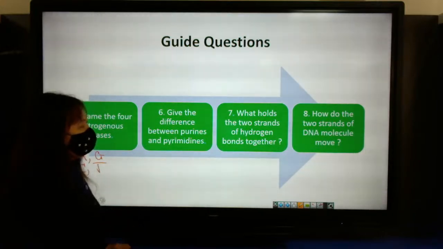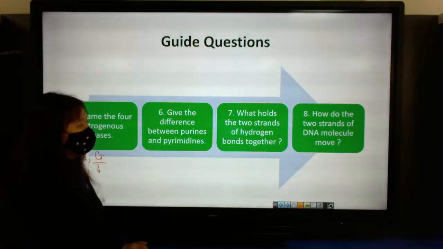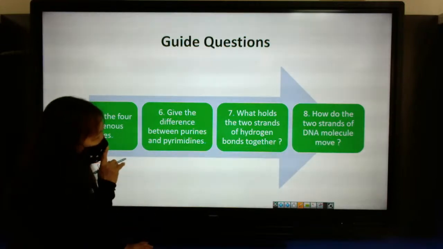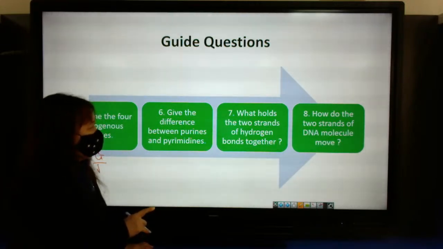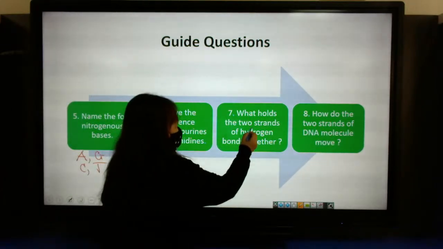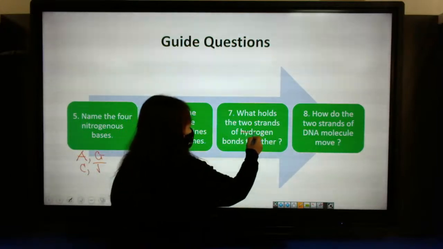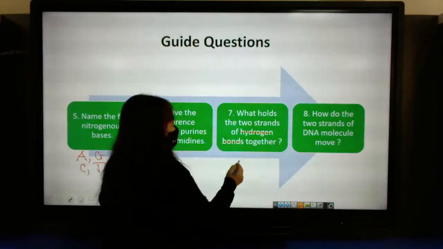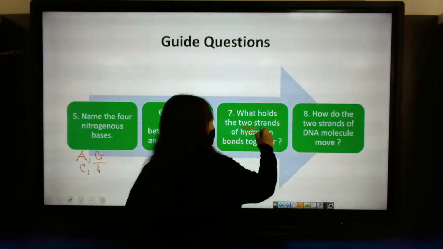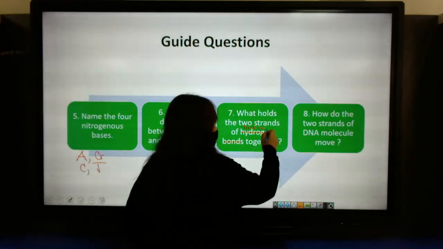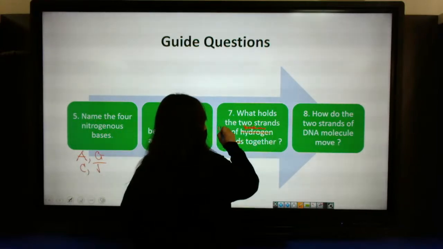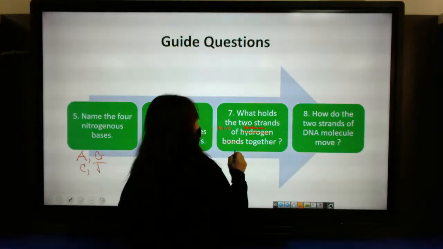Now, number 7, what holds the 2 strands together? Sorry, I think this one is not correct. So what holds the two strands of DNA together?